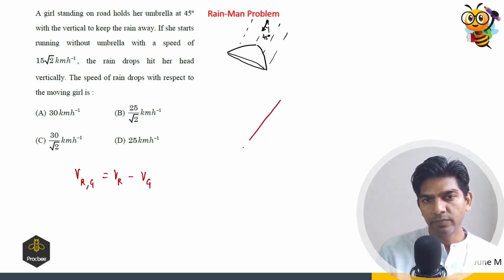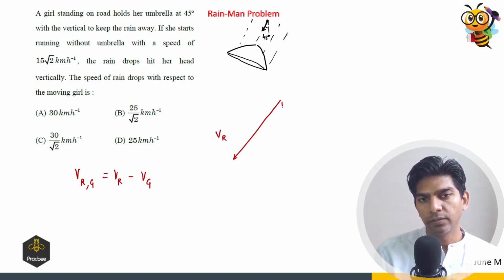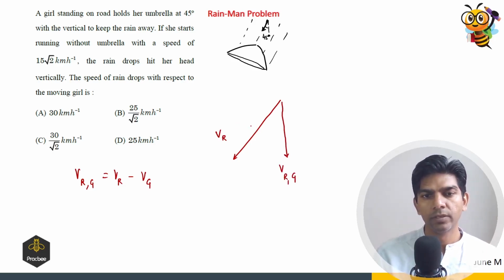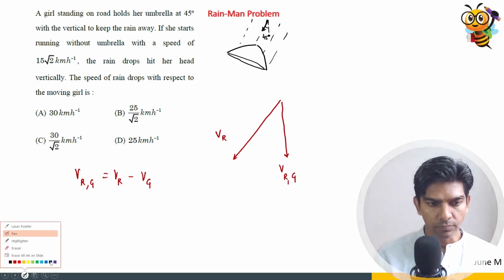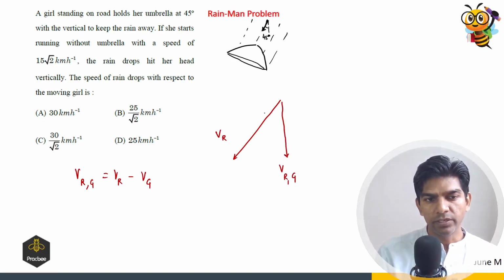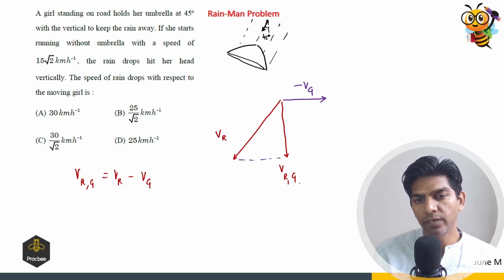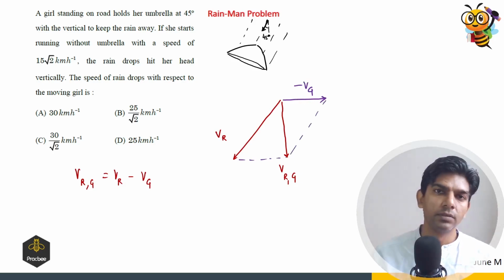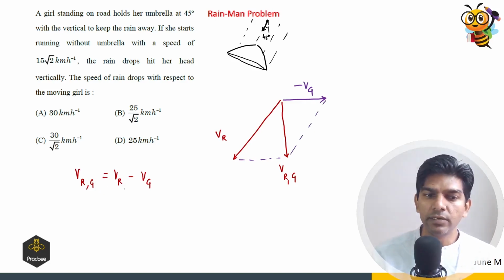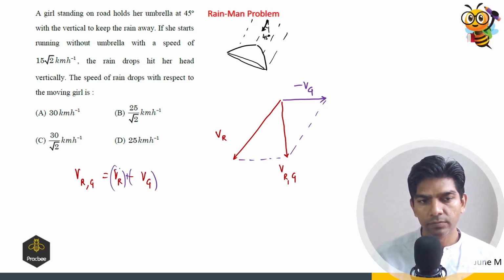So if this is the velocity of rain in ground frame, and this is the velocity of rain with respect to girl, it means the girl's velocity should be in the left direction, so that minus Vg is in the right direction. Only in that case will we get Vrg in the vertically downward direction, because Vrg is the resultant of these two vectors, Vr and minus Vg.